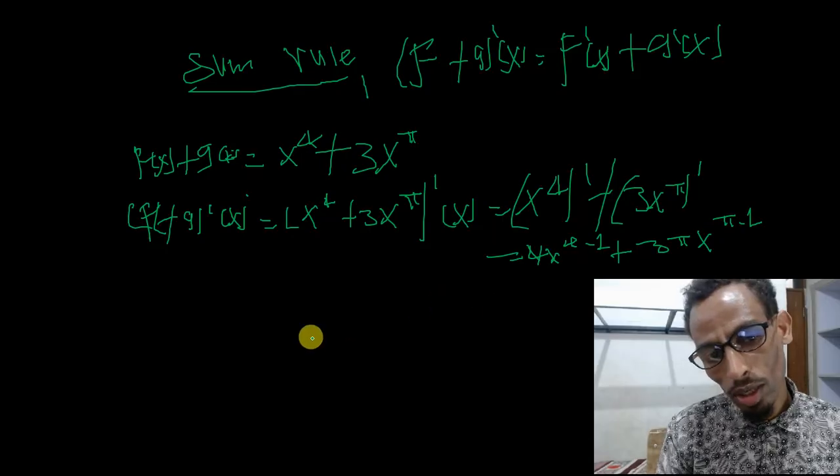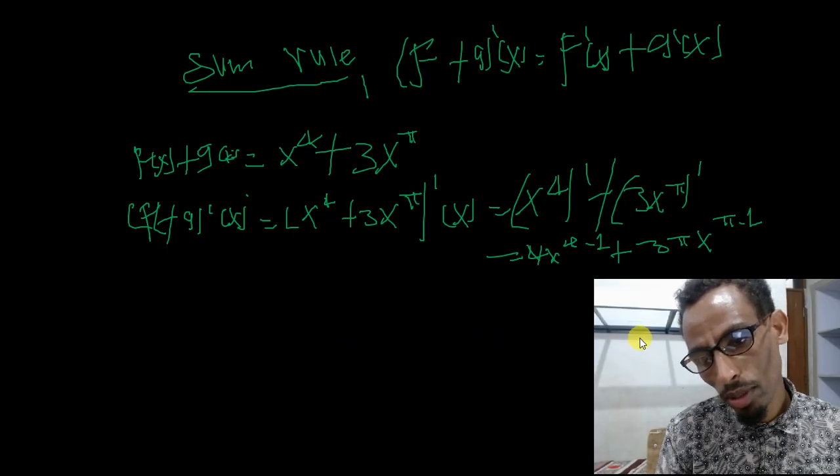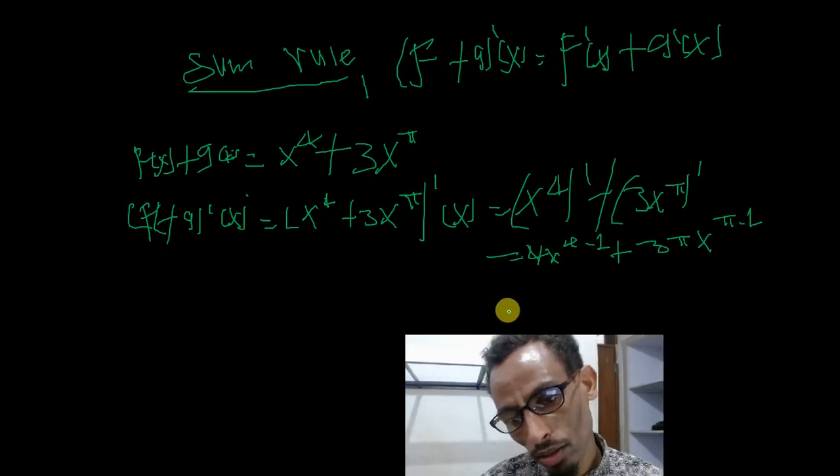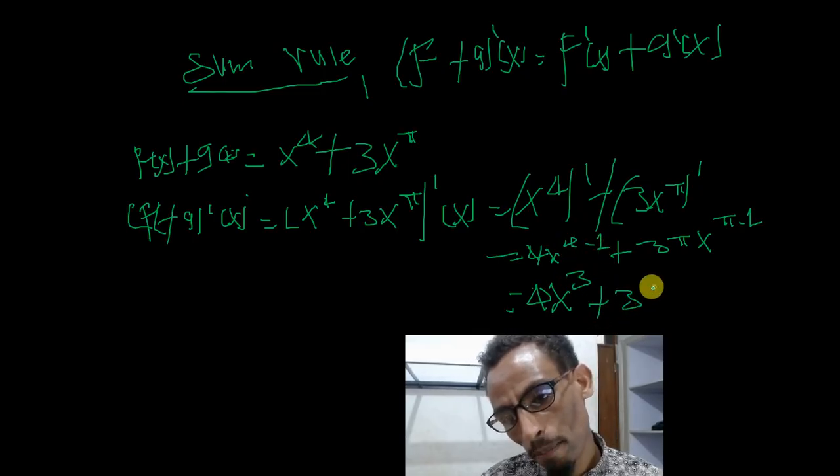Now our last answer is equal to 4x to the power of 3, since 4 minus 1 is 3, plus 3 pi x to the power of pi minus 1.